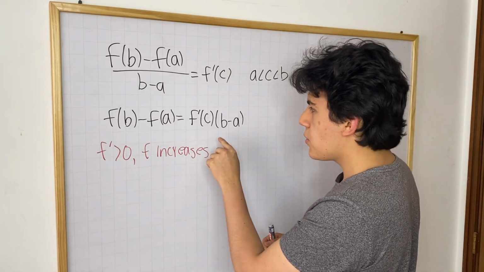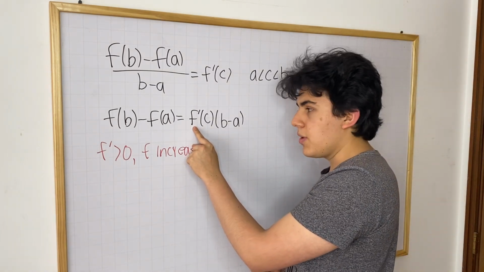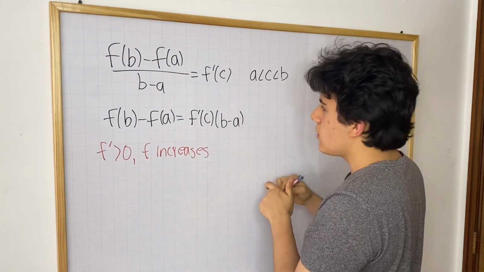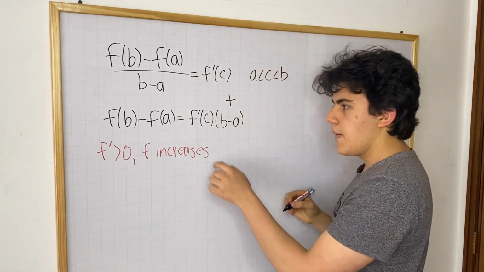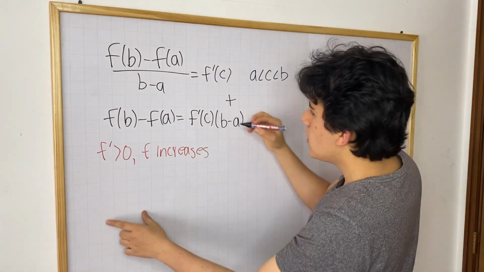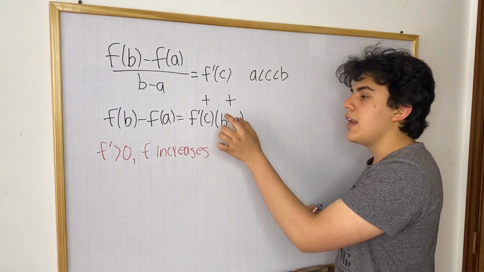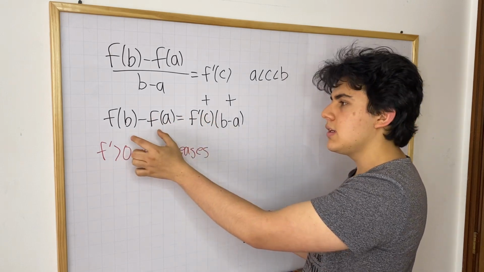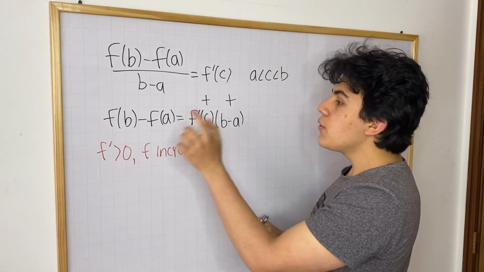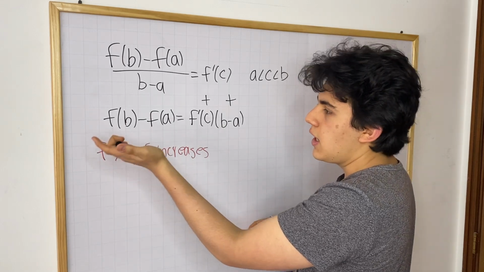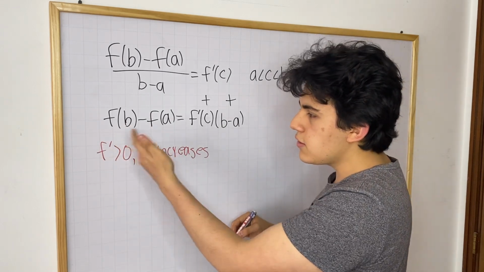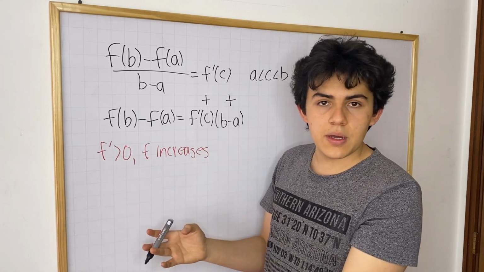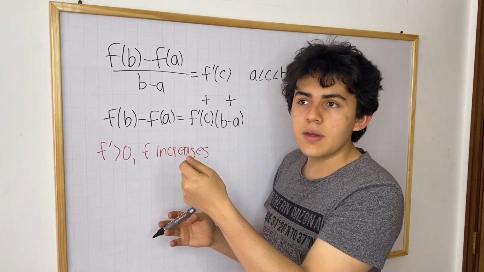So if we analyze this equation, we can see that if f prime is positive and we know b is greater than a, that means that this factor right here will give us a positive amount, and f prime we know is positive. So this is going to be positive times positive. And if we get positive times positive, that means that this subtraction must also yield a positive quantity, okay? Now, if you have just two numbers, m minus n, the only way those two can give you a positive amount when you subtract them is if m is greater than n.